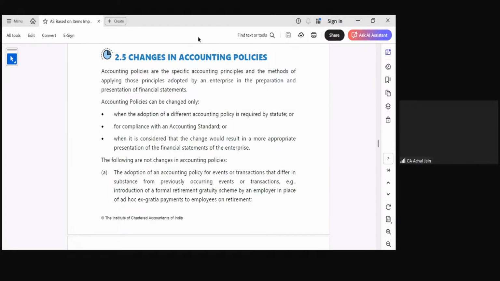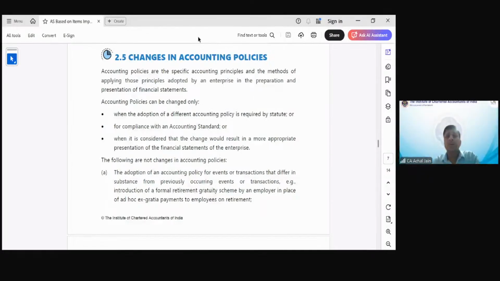Let's suppose a company was entering into some contracts, and in respect of those contracts, what do you find? That now the contracts have changed, the terms and conditions have changed.